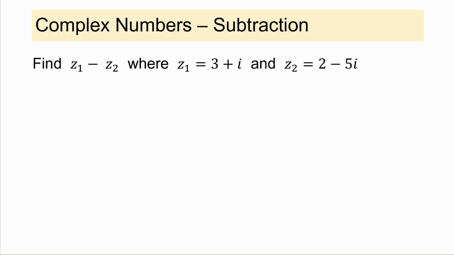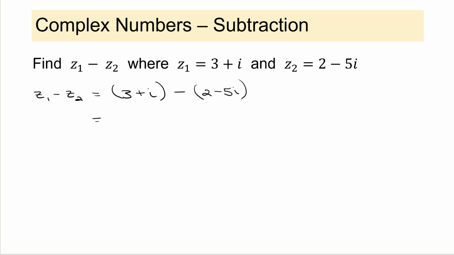Okay, what about subtraction? Same idea. So z1 minus z2 is 3 plus i for the z1 minus, then make sure to put your z2 in parentheses so that you can distribute the negative sign across the whole complex number. So 2 minus 5i, make sure is in parentheses.